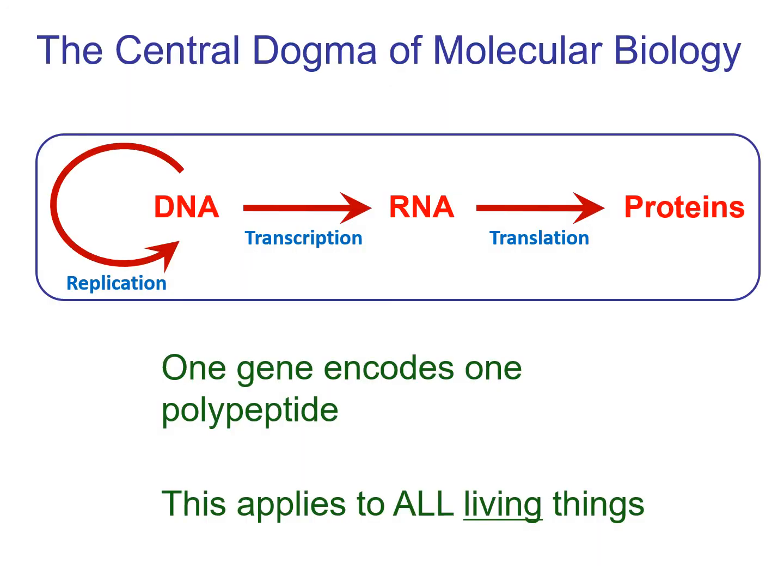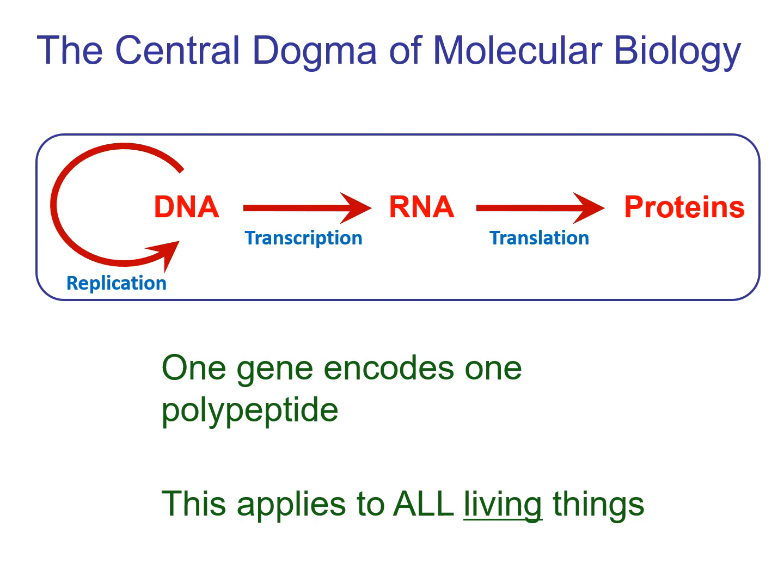There's one more thing we should talk about briefly, and I'd like to talk about it in a lot more detail, and I will later, but that is what's known as the central dogma of molecular biology. Now, molecular biology is the study of DNA and how DNA is used to make proteins and how this whole system functions.